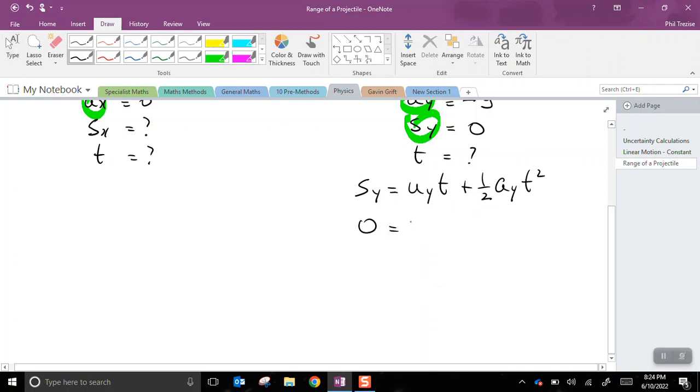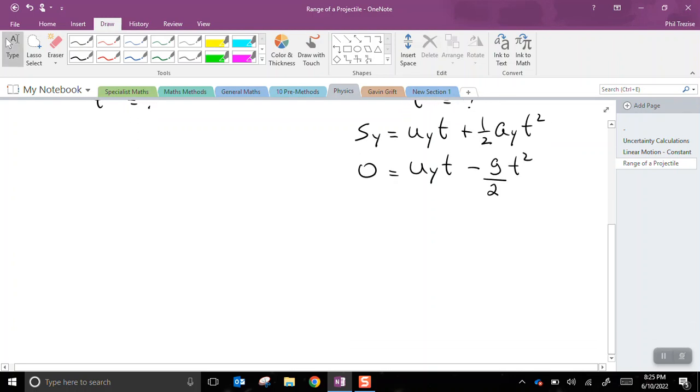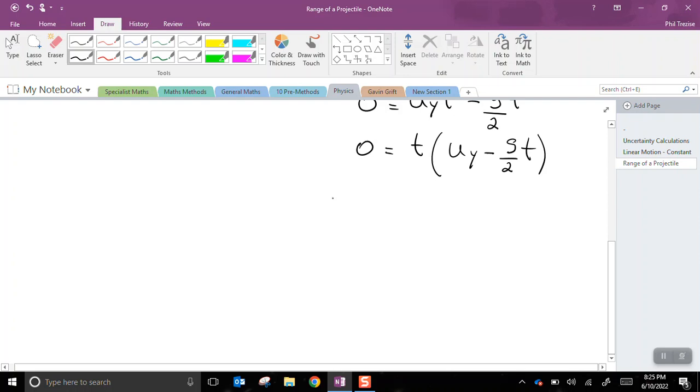I'm just going to leave this as uy at the moment, times t minus g over 2 times t squared. I'm trying to solve for time. I could do this in a couple of ways. The best way is to take a common factor of t and now I can use the null factor law.